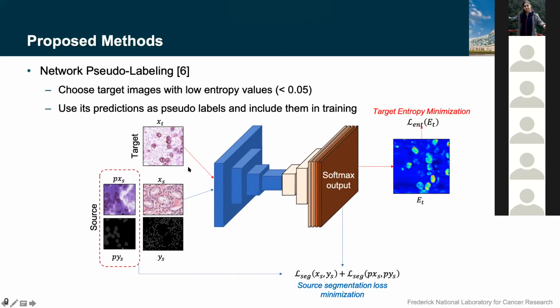After training on source images first, we run inference on all the target images and calculate each target image's entropy. Then we choose the lower entropy target images and use their predictions as labels. During the second phase of the training, we include source images and target images at the same time. And we also utilize the original target images to lower the entropy values as well.